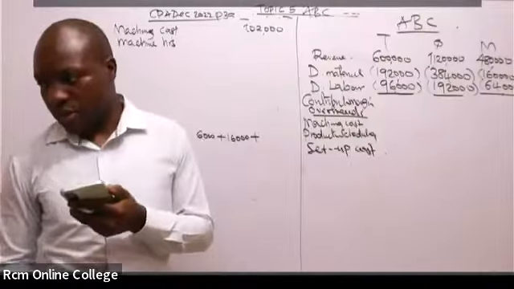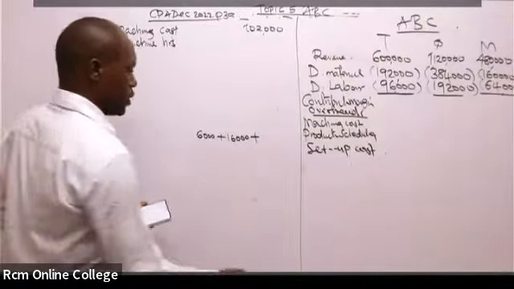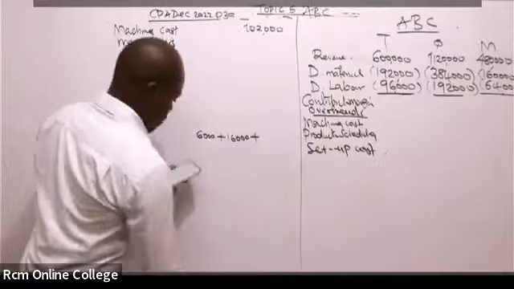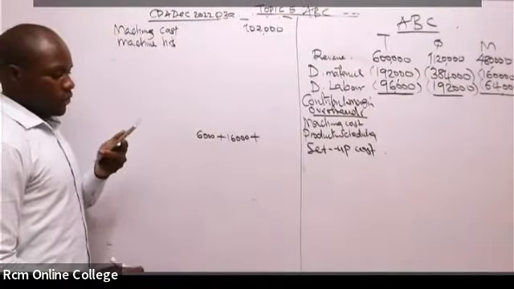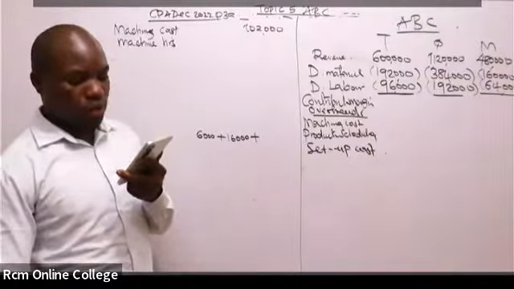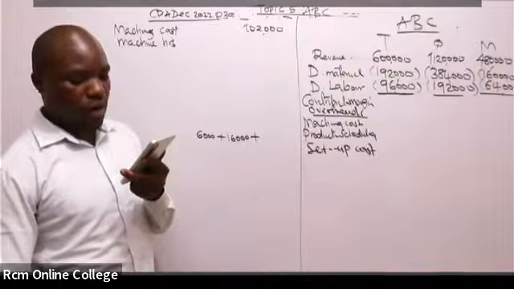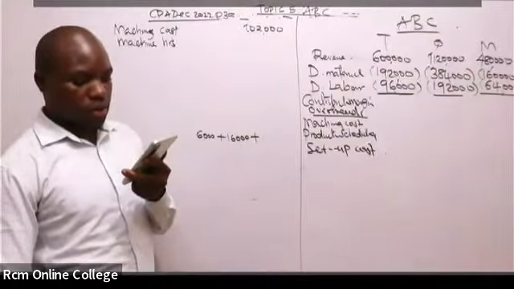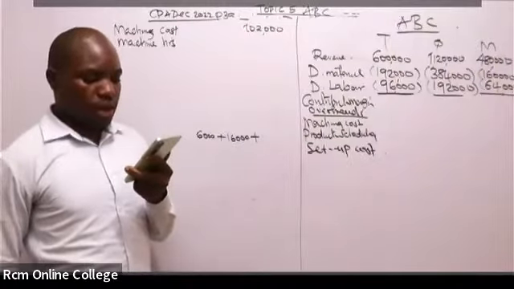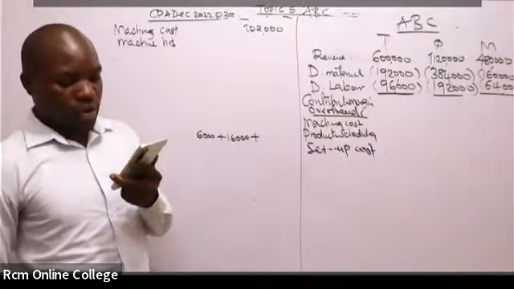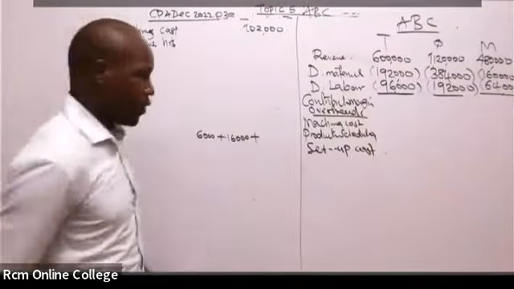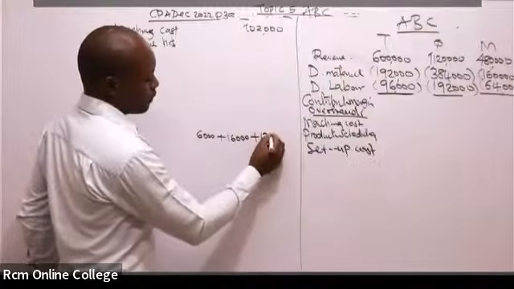Sorry, there's a problem with my workings here. Machine hours per unit: 1 unit requires 0.5, so 12,000 will require 6,000 hours. Then 16,000 by 1, that is 16,000. Then 8,000 by 1.5, that should be 12,000.